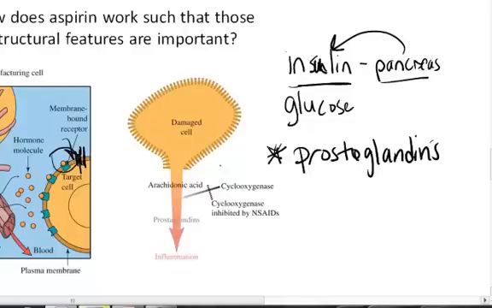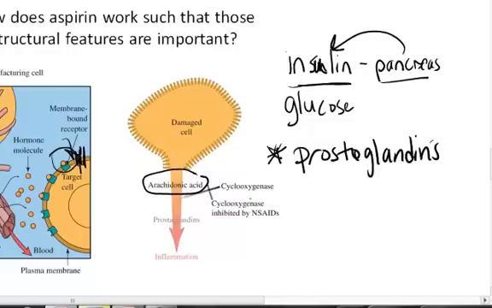When there's any kind of damage going on in a cell, the cell will release arachidonic acid. Arachidonic acid is an acid that's found in phospholipids in the cell membrane, because the cell membranes are made of lipids, lipid bilayer, and so this fatty acid, arachidonic acid, is one of the fatty acids on a phospholipid group.